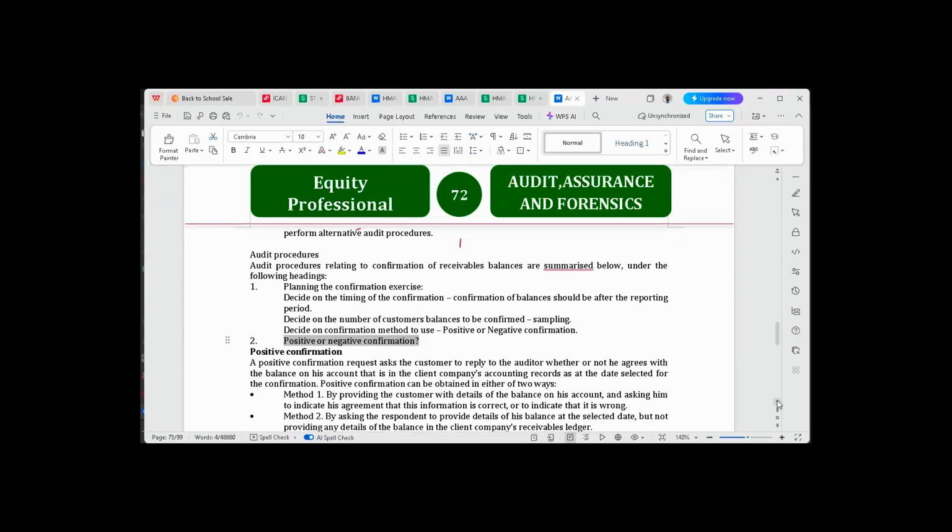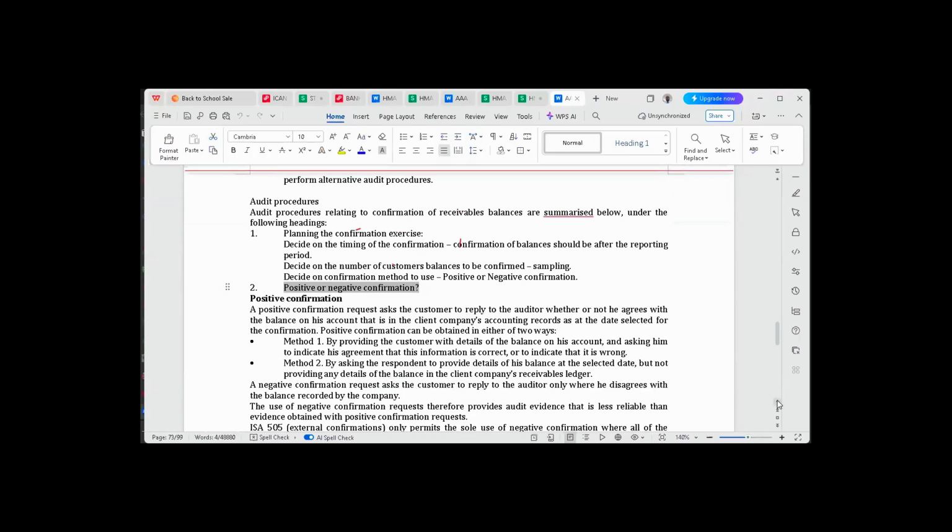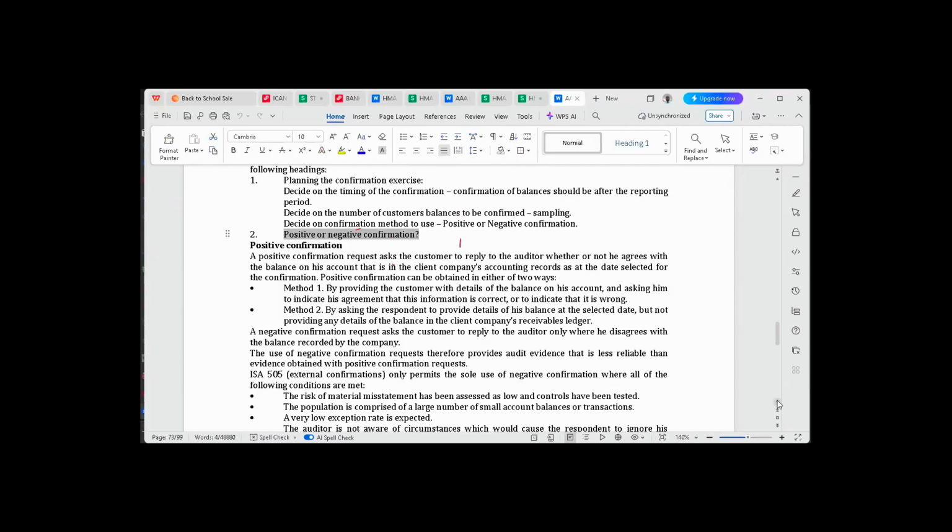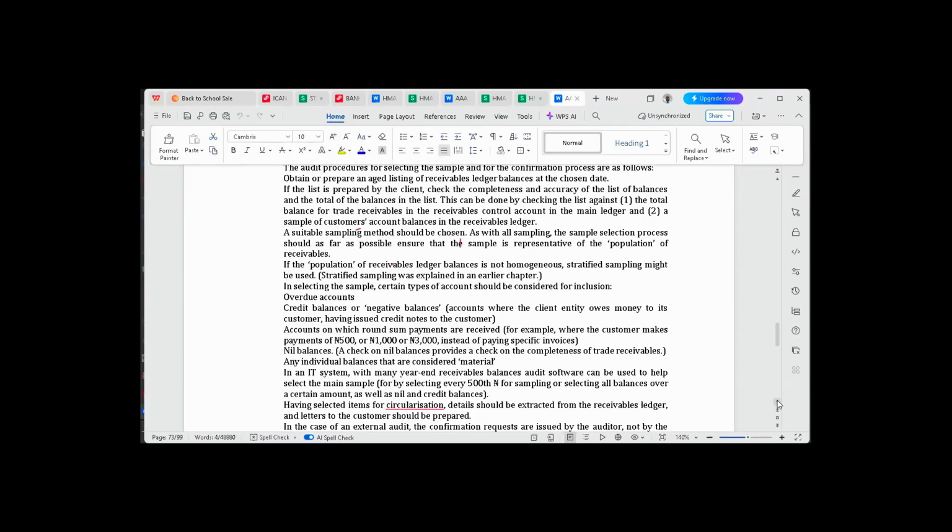After that, you will be able to aggregate the value under positive confirmation and the value under negative confirmation, depending on which of the options he opted for during the sampling. Whatever he gets, he's going to compare it with the balance that the management has recorded in the statement of financial position. That's what he is going to do in that regard.